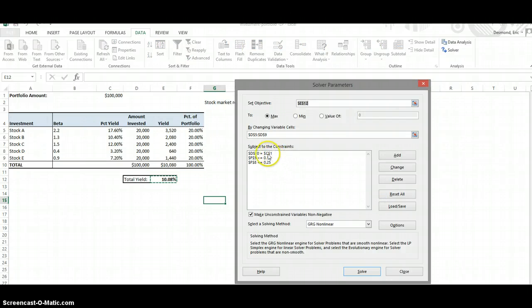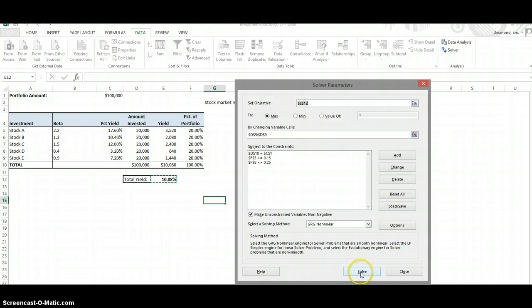As you can see here, these are the 2 constraints. So F5 cannot exceed 15%. So the high risk investment can't be more than 15% of our total portfolio. The low risk investment, F8, can't be more than 25% of our portfolio. It's on GRG Nonlinear.